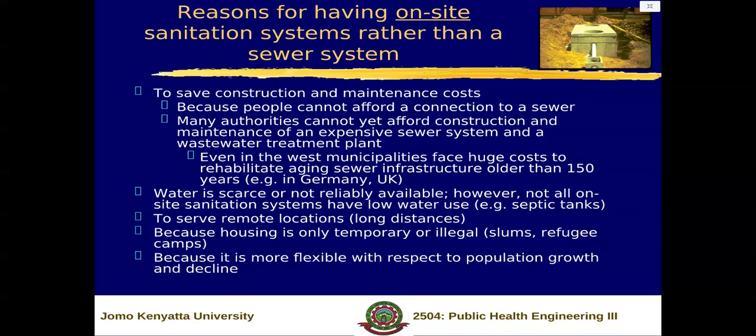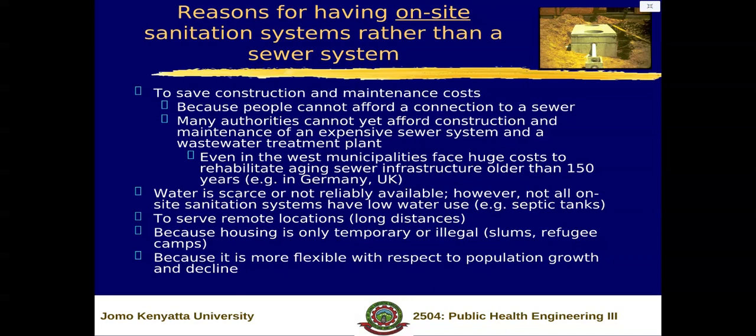The other thing, I talked about the flexibility, and I talked about the cost because of the distances. And then the other important thing is when you have isolated development, in which case connecting to a centralized sewer becomes a huge problem.